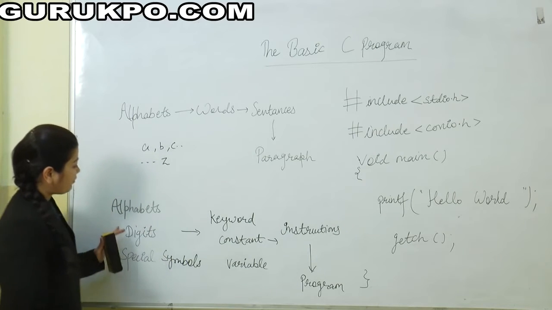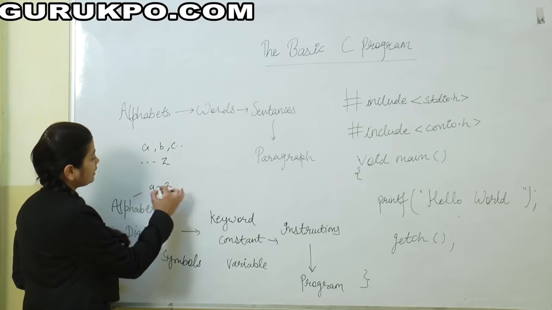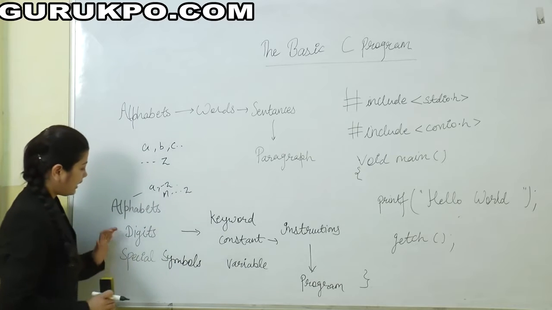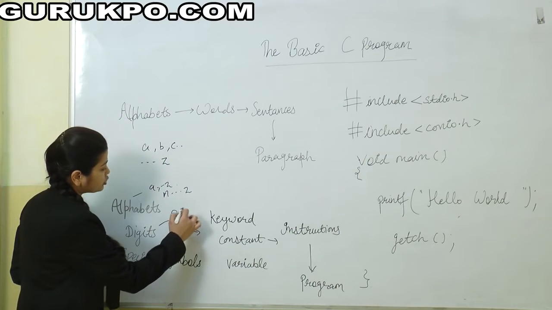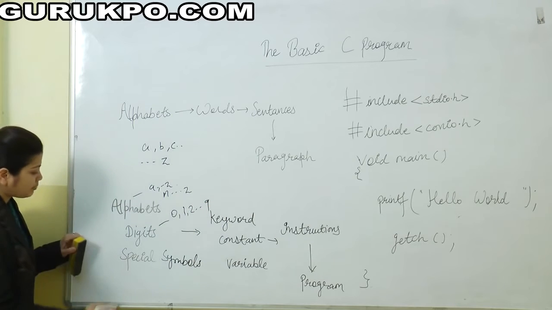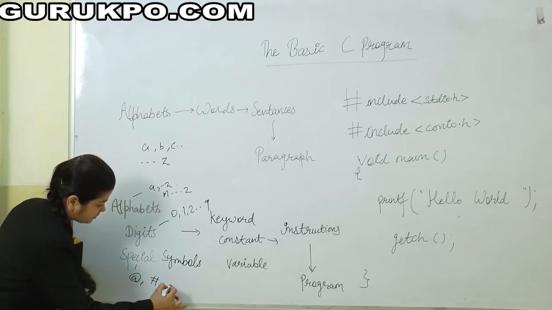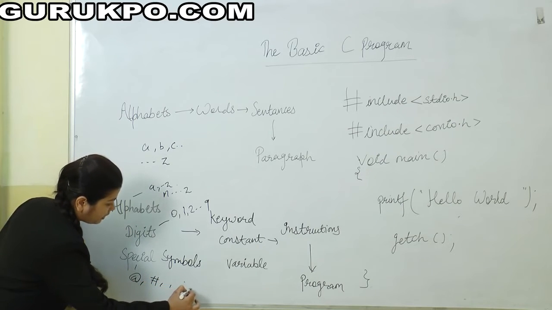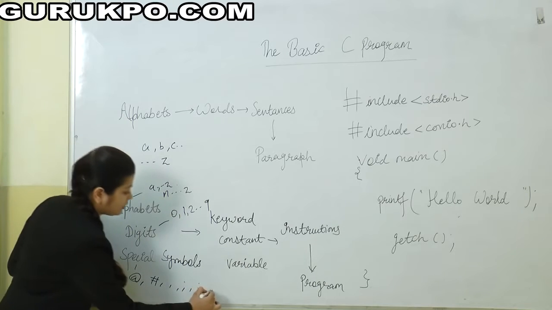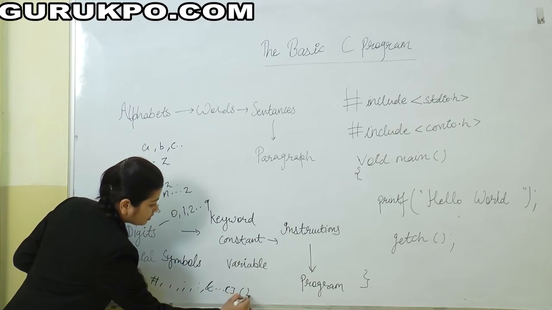The combination of alphabets, digits and special symbols. In alphabets, we include the normal A to Z letters, small and capital. In digits, we include 0 to 9, all the digits, and in special symbols, we include all the special characters, for example comma, semicolon, colon, @, hash, and all the braces.